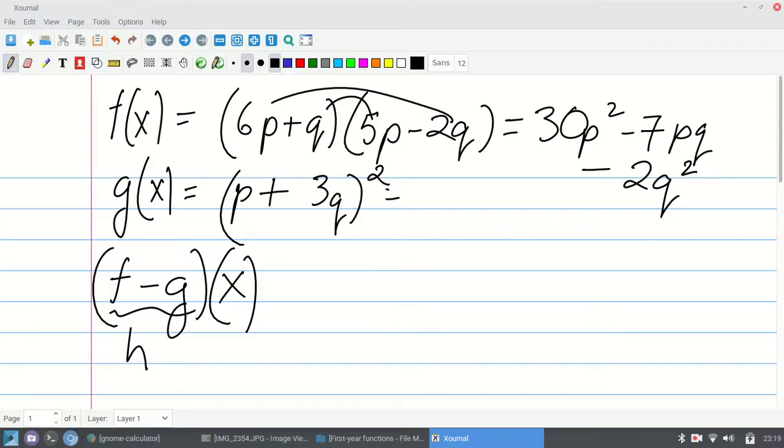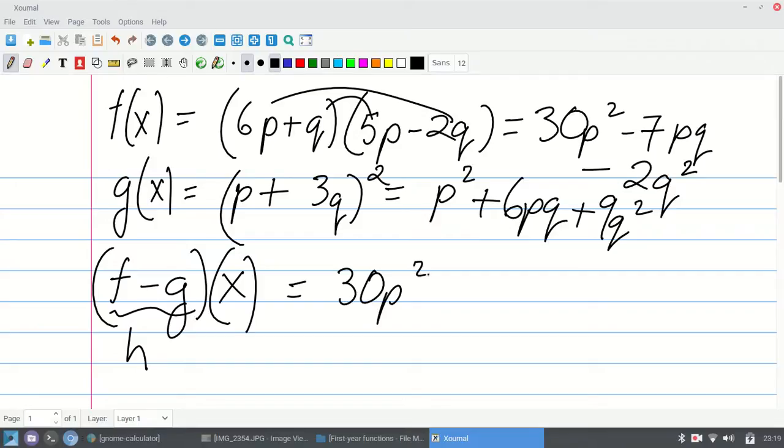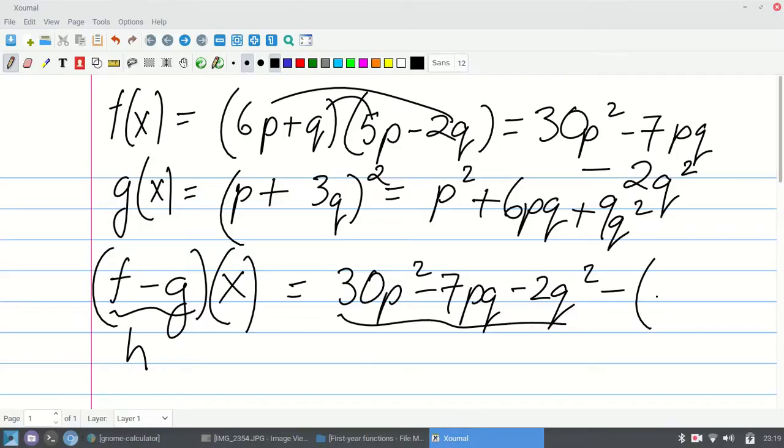Okay, this guy is going to be p squared plus 6pq plus 9q squared. So f minus g must be 30p squared minus 7pq minus 2q squared. That's f minus, remember I'm putting brackets, brackets are important, p squared plus 6pq plus 9q squared.